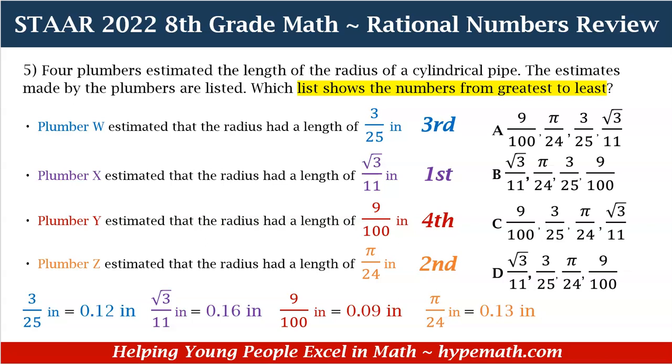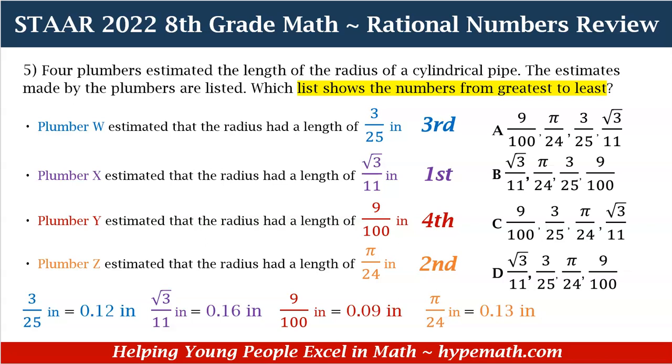So first we see that Plumber X is the larger number, 0.16 inches is the greatest number. That will be first. Second will be pi over 24, because converted it is 0.13 inches. That's the second highest number or the second greatest number.